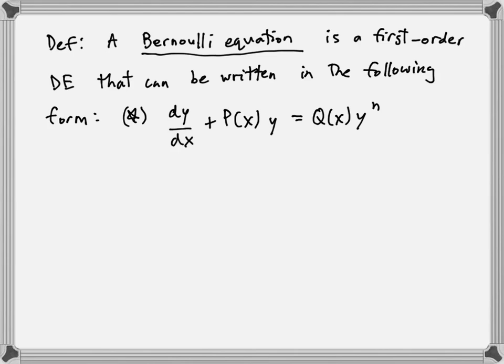This is not linear, right? Because of the y to the nth power. This is not linear. So something I should say, well, I guess it could be linear if n were 0 or 1. So what I should say here is note, if n is not 0 and n is not 1, then that means star is nonlinear.